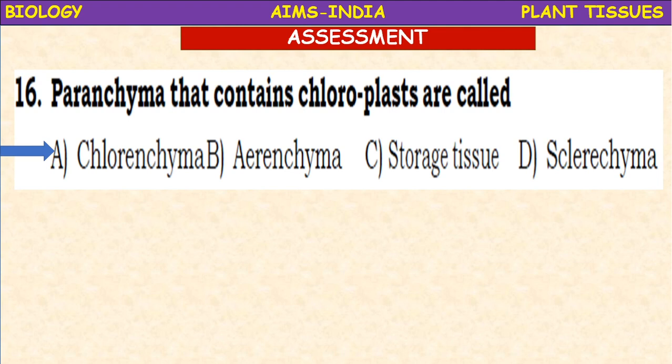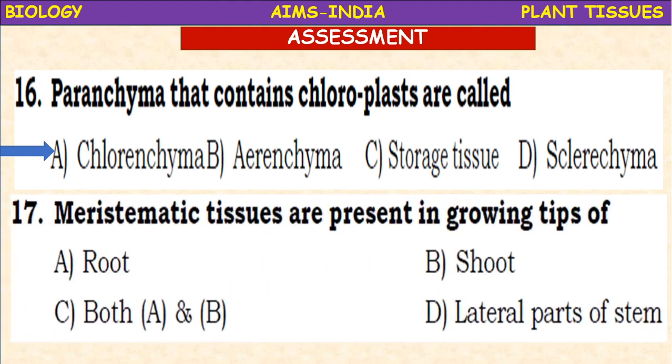Sclerenchyma in the fibers. Okay, like that, in different parts it is present. But here the question is parenchyma that contains chloroplasts. So chlorenchyma, where is it present? It is present in the leaves, in the mesophyll tissue. The palisade parenchyma particularly contains chlorenchyma.